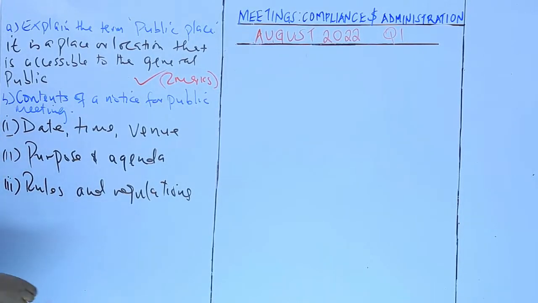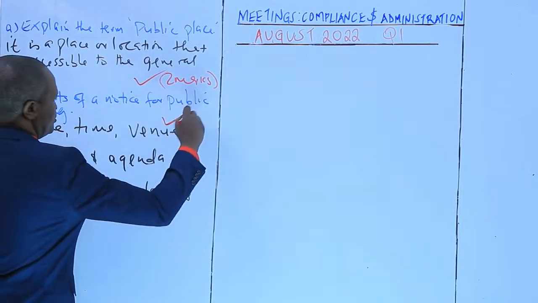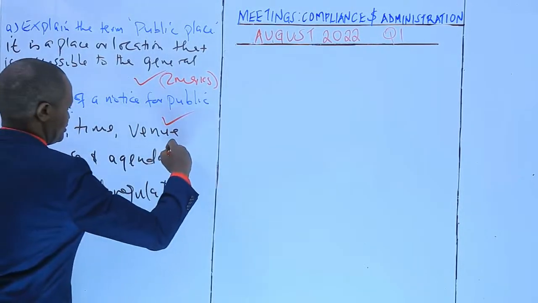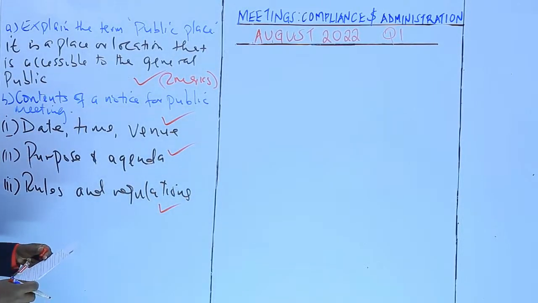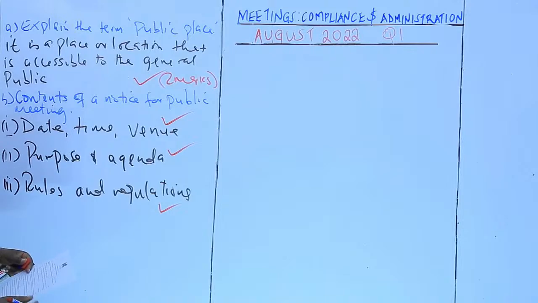So these are 3 contents of a notice for public meeting. Date, time, venue, purpose and agenda, rules and regulations. These are 3 marks.